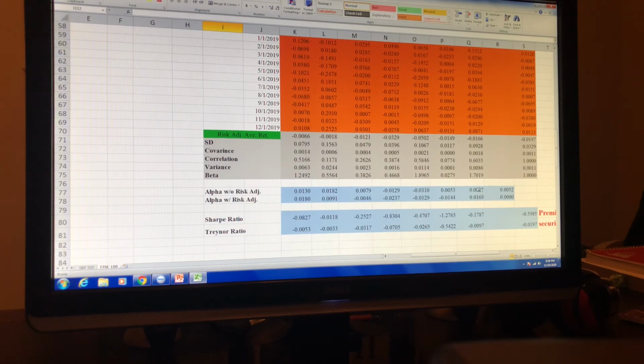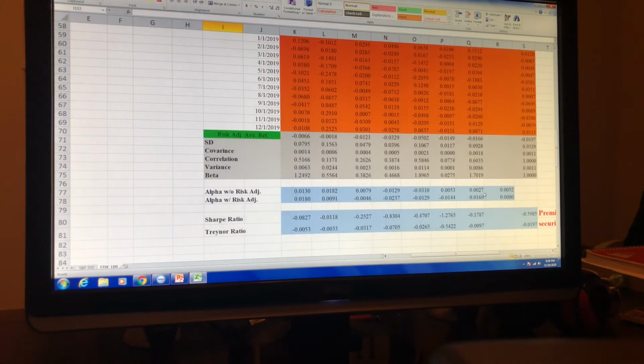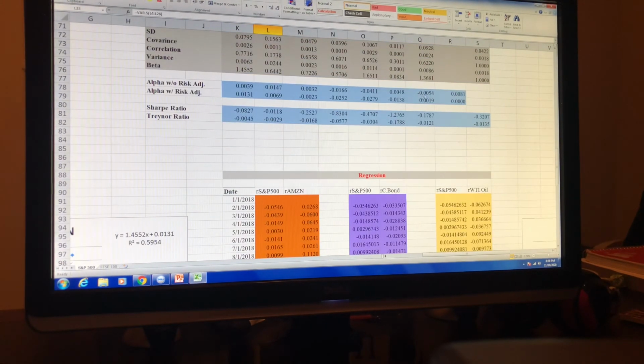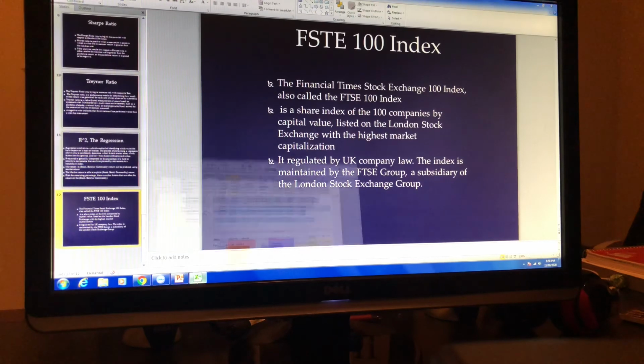I did notice this right here on the alpha with or without the risk adjustment. I did notice that oil was actually up. If you notice that we went back over here to the S&P, oil was actually negative without, but it is actually positive when we go back to the FTSE.